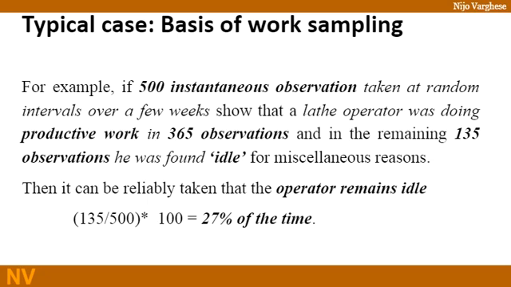Out of these, 365 times the operator was doing productive work, and in 135 observations he was idle for different reasons. Then it can be reliably taken that the operator remains idle 135 by 500 into 100, that means 27% of the time. That means around 73% of the time he was doing productive work. So this is the basis of work sampling.